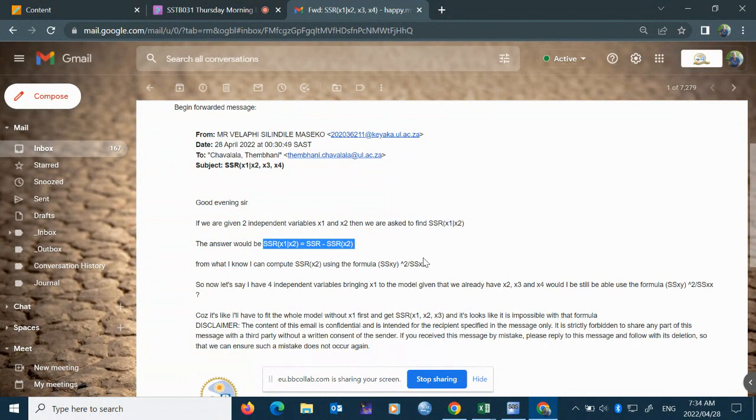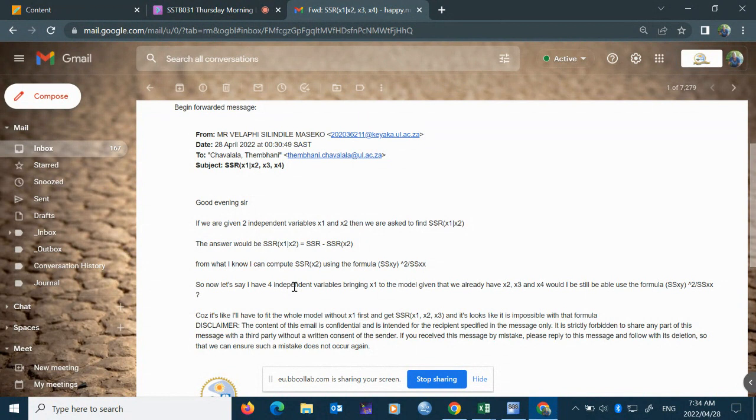You are right, leader. So here's the question. Now, let's say I have four independent variables, and I am bringing x1 into the model given that you already have x2, x3, x4. Will I still be able to use the formula?